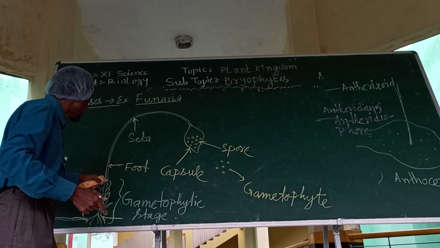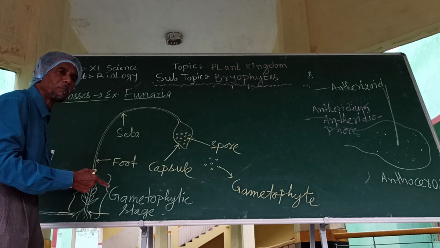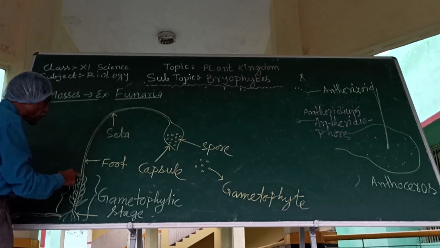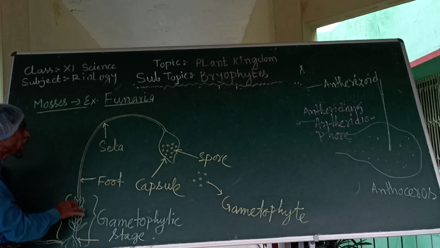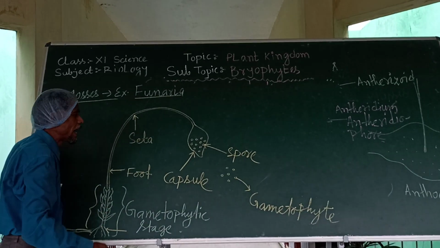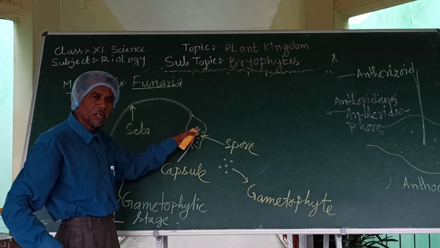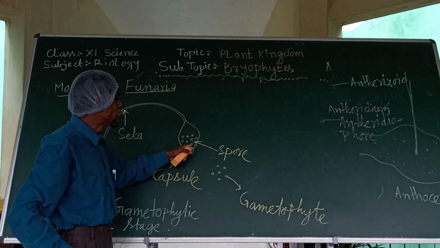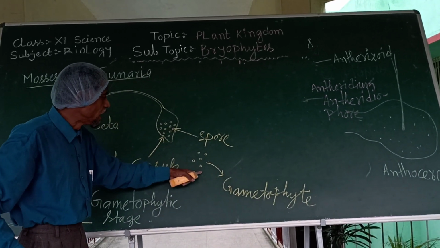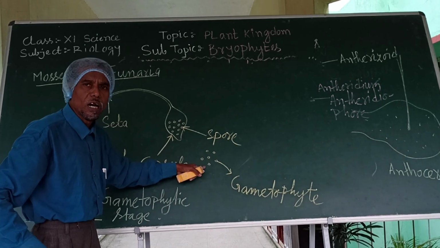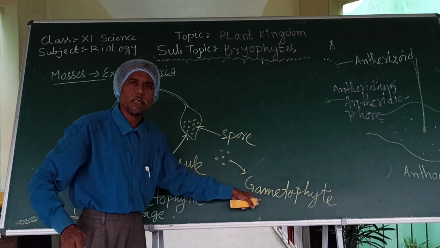Because it is living over the gametophytic stage and drawing the nutrient from the gametophyte. And the spores are formed by the meiotic division. Once the spores mature, they are released in the surrounding area and germinate to form the gametophyte.